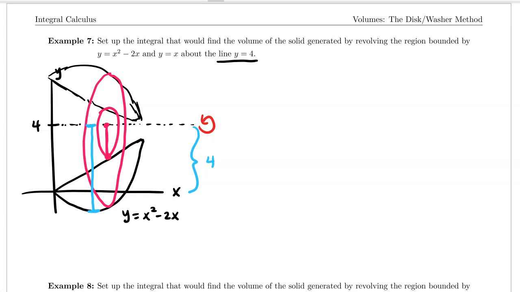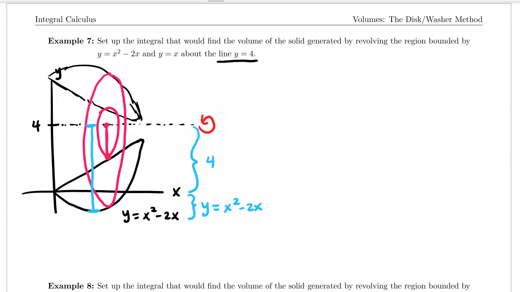And then, because of the way that I drew my picture, I also want to calculate that other distance, and I would add them together so that I have my outer radius. This distance here is the y value, y equals x squared minus 2x.